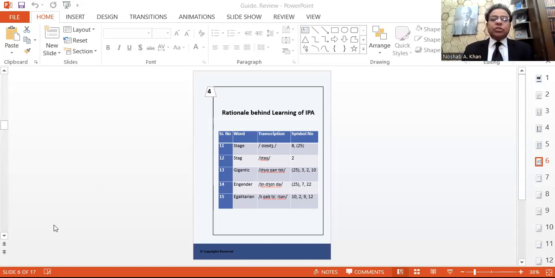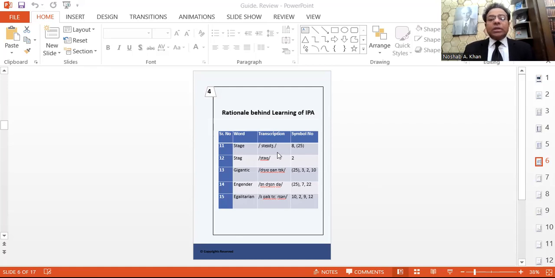Now, this letter number 7 of the English alphabet has two sounds. One is G, which occurs in good and dog, and the second is J, which occurs in joy and bridge.